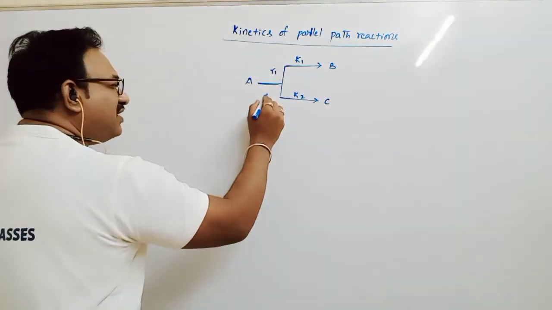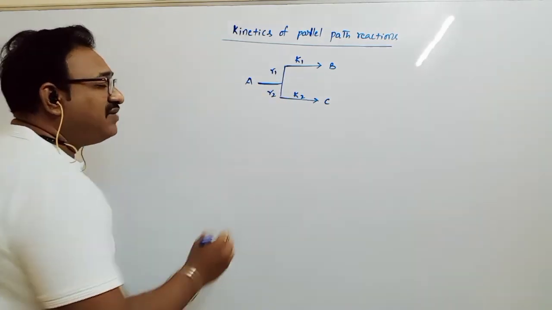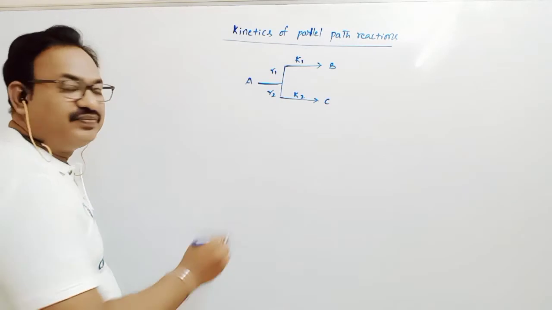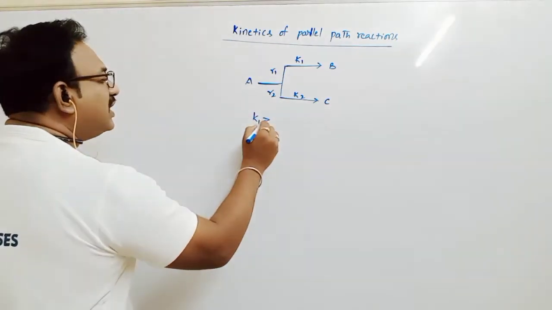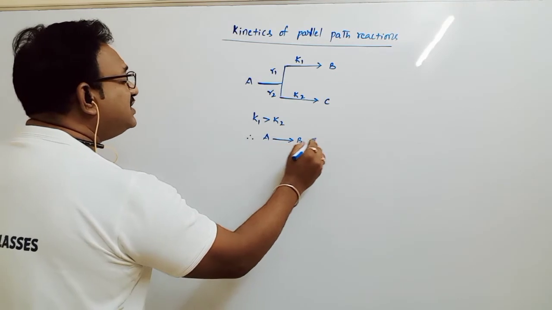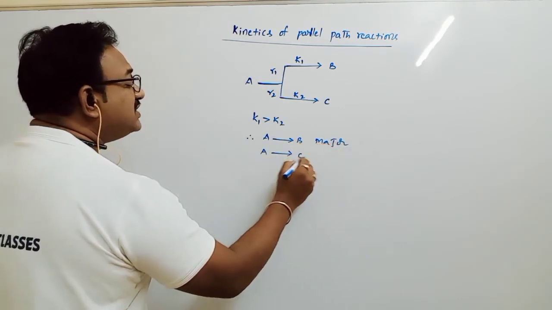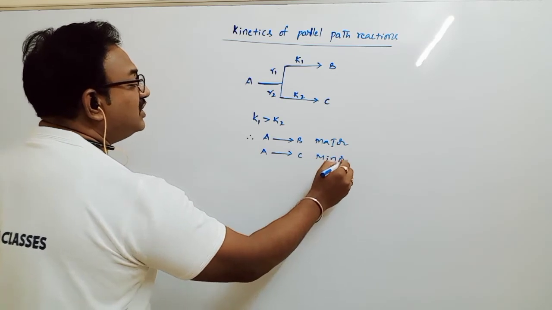R1 is the rate of reaction for A gives rise to B. R2 is the rate of reaction for A gives rise to C. And K1 is greater than K2. Therefore, A to B is the major reaction and A to C is considered to be the minor reaction.